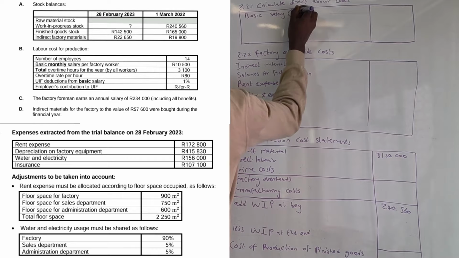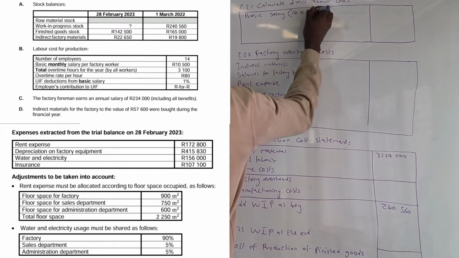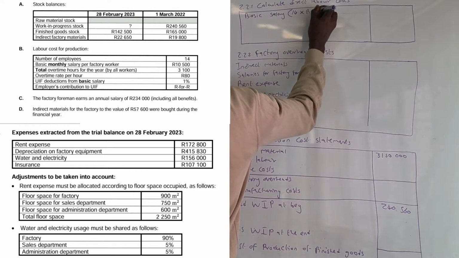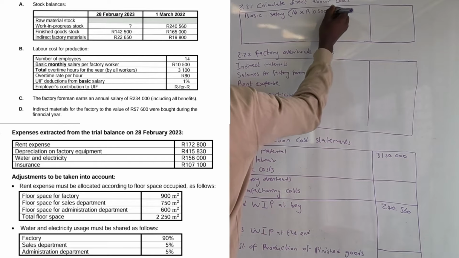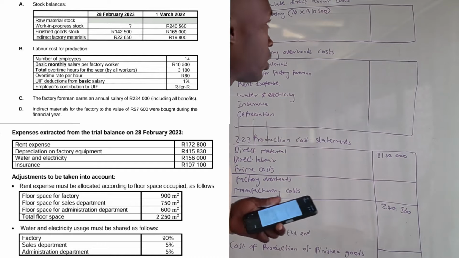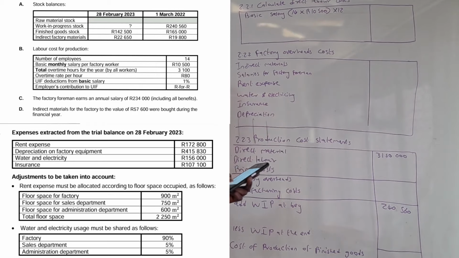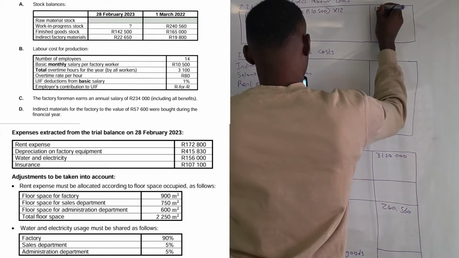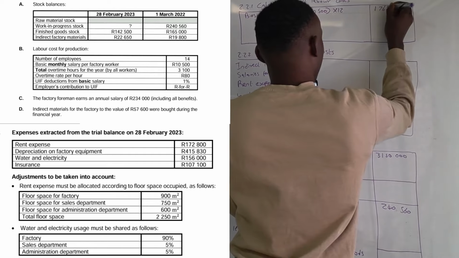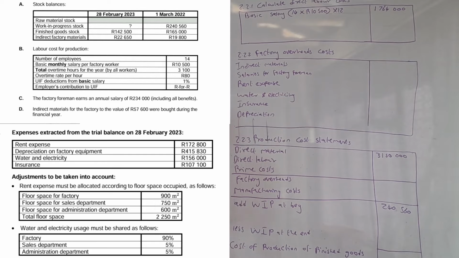We have 14 employees, and we multiply by the monthly amount, 10,500. This gives you a monthly amount. To avoid that, you multiply by 12 so that you get annually. The annual amount is 1,764,000.